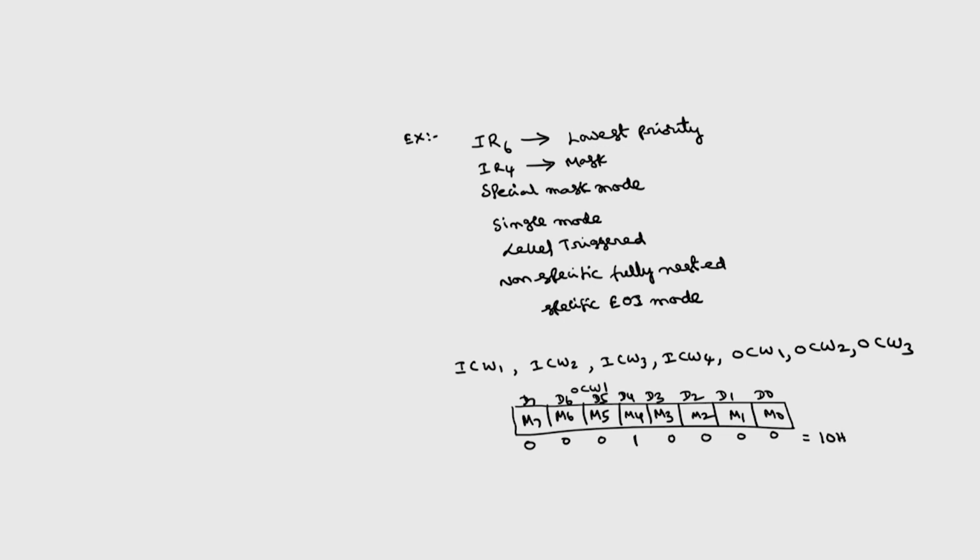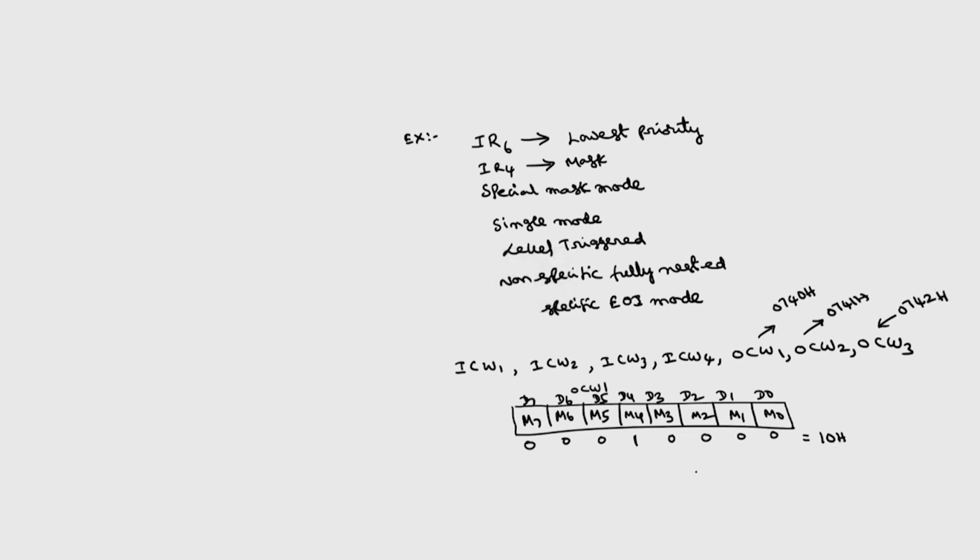Okay. Now if I want to use a port address, say the OCW1 port address is 0740H, this is 0741H, this is 0742H.